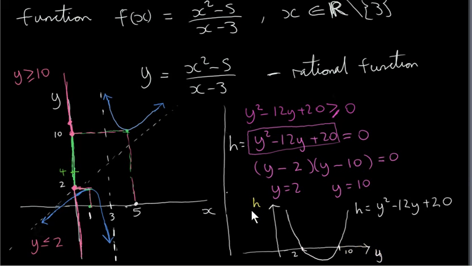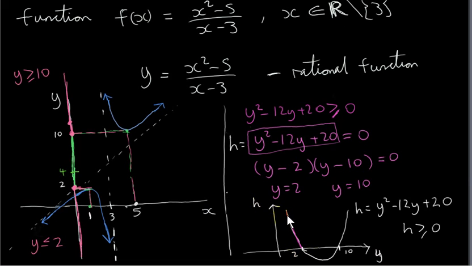Our dependent variable is h, so I have a sketch of the function h equals y squared minus 12y plus 20, and we're interested in seeing where h is greater than or equal to 0. So for what values of y is h greater than or equal to 0? We're interested in the points on the graph that have h greater than or equal to 0.